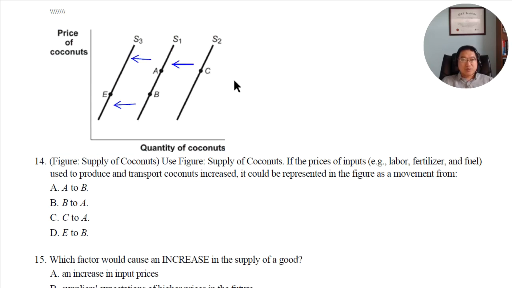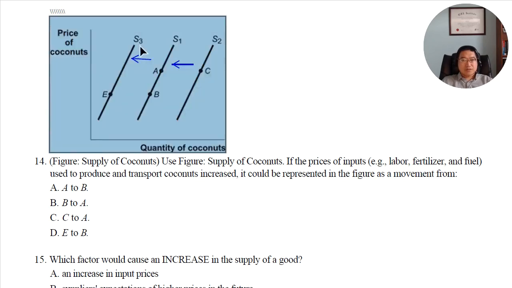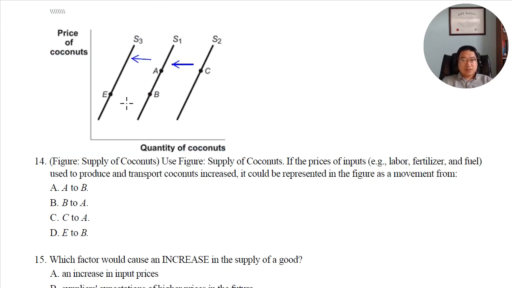Or at least a sample, a movement of a decrease in supply. Okay, and E to B though, actually we sort of need to do the opposite. E to B is actually what? More or less an increase in the supply, an example of an increase in the supply, right? So which one is what we want?